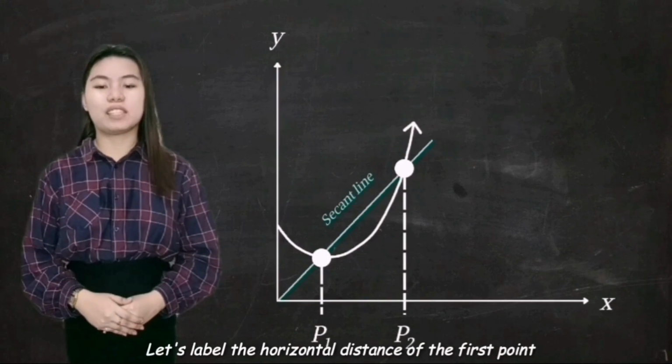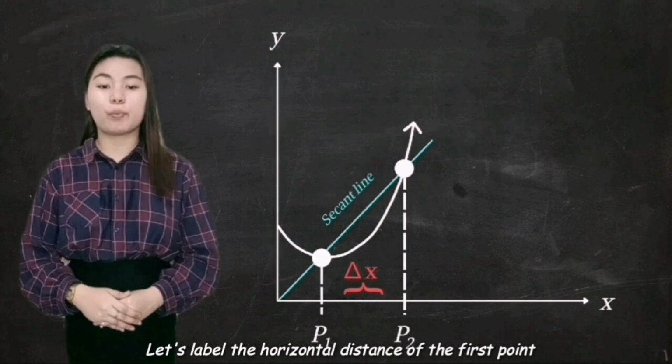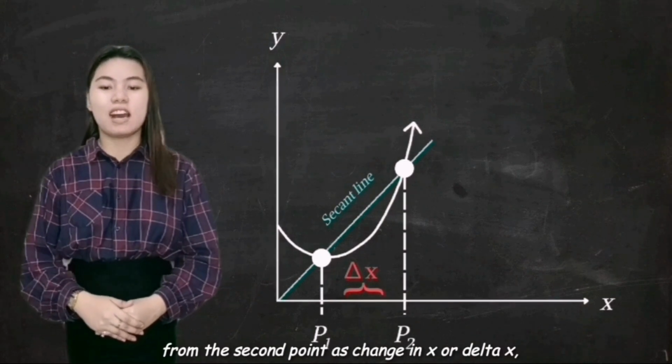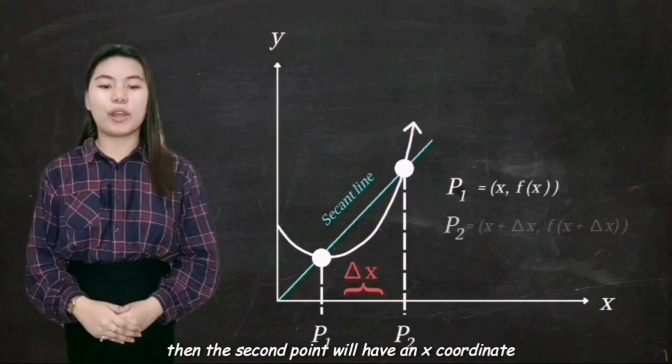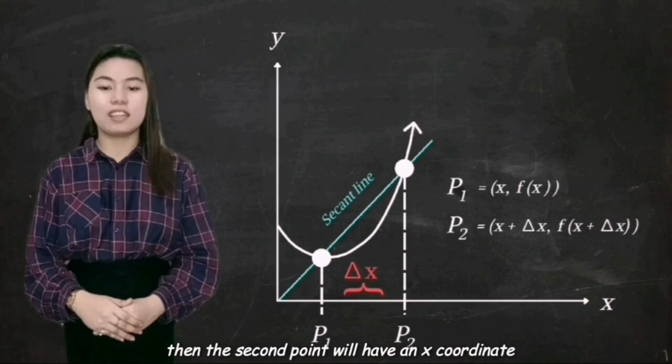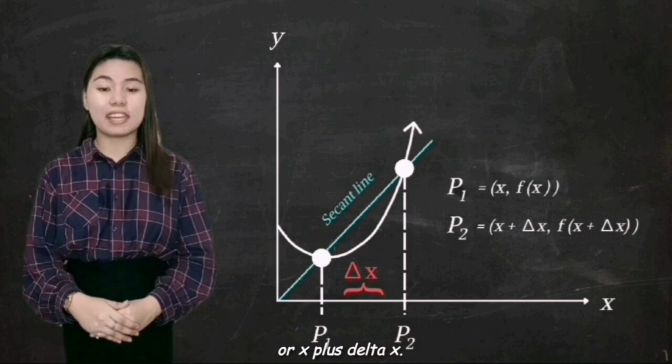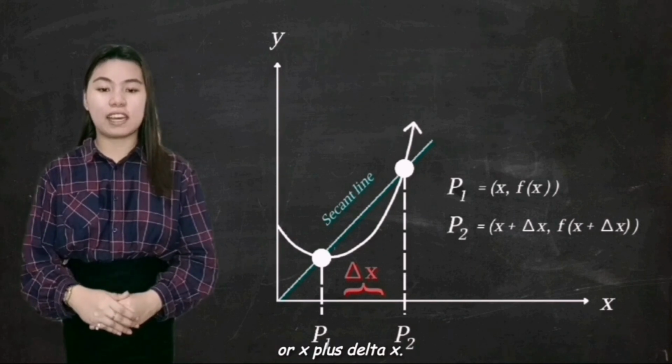Let us label the horizontal distance of the first point from the second point as change in x or delta x. Then the second point will have an x-coordinate of delta x more than x, or x plus delta x.